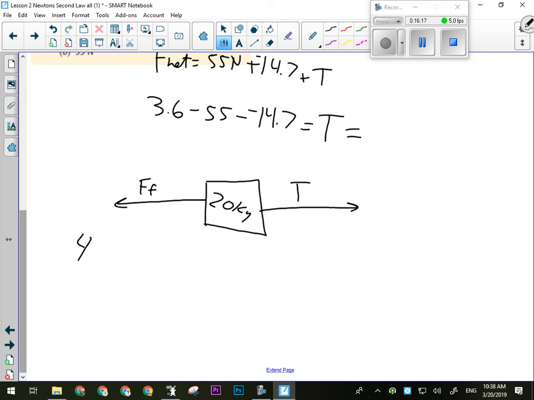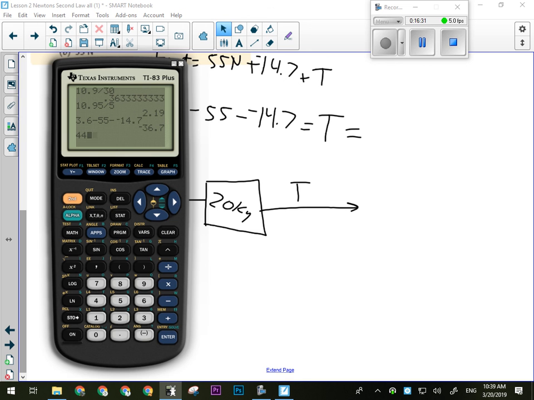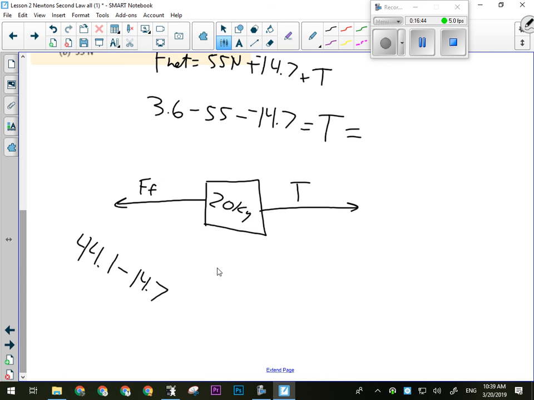I have to go 44.1, the total friction, and subtract how much of that was only acting on the 10 kilogram block in order to get what was left acting on the 20 kilogram block. So I've got my 44.1 minus 14.7, and we got 29.4 newtons here.